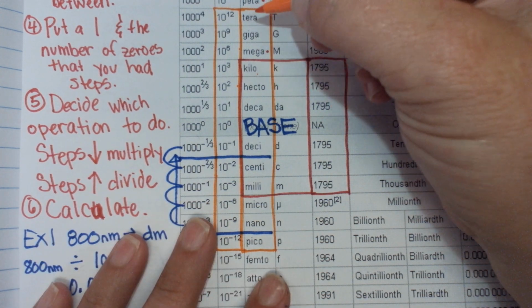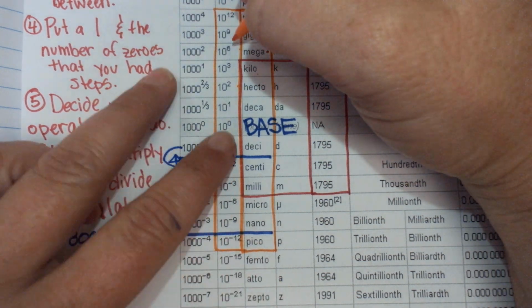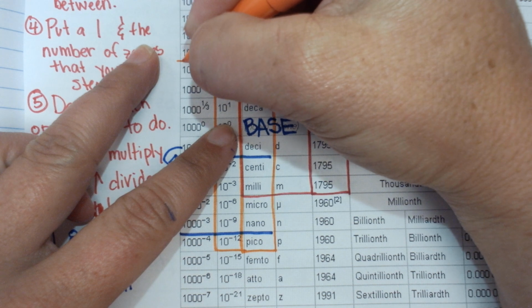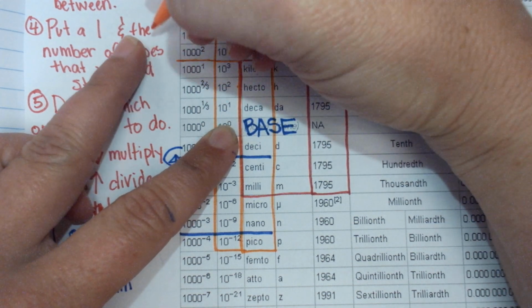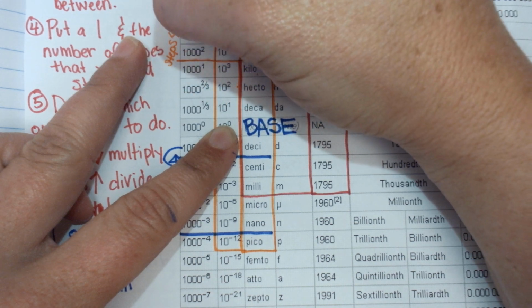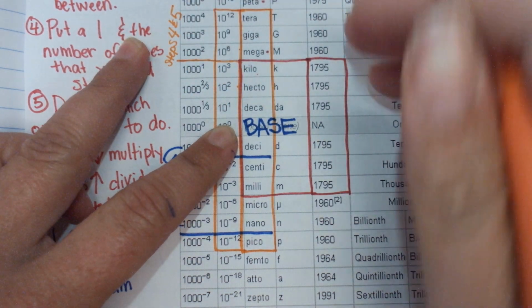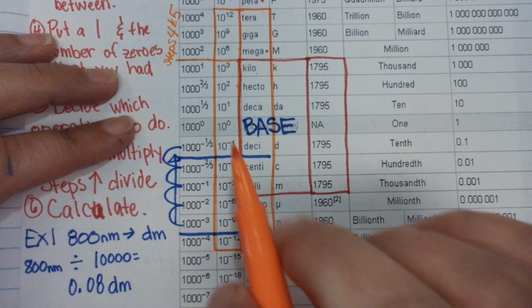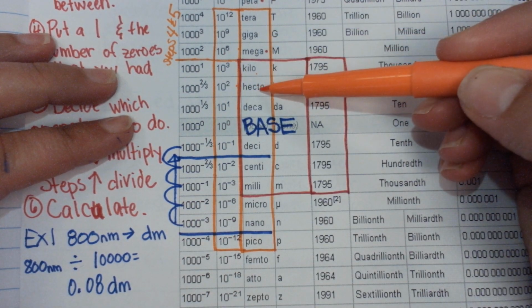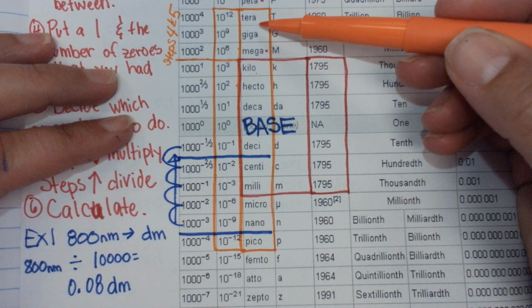So what you need to remember is don't forget steps 4 and 5. Let's do an example going from giga to hecto, so that we can do an example of going down.